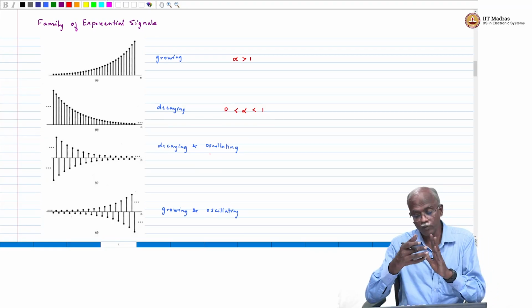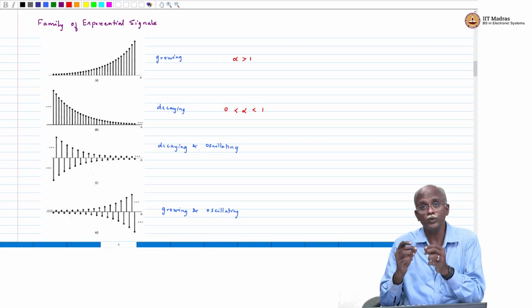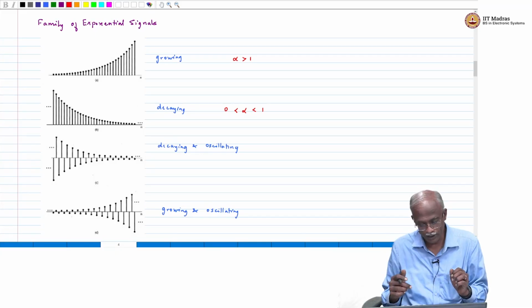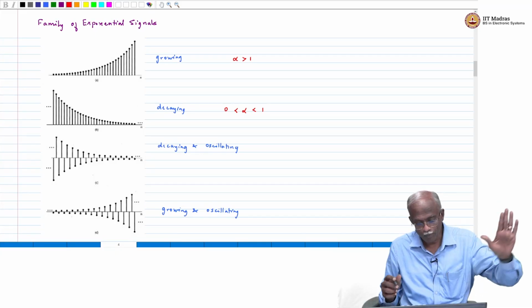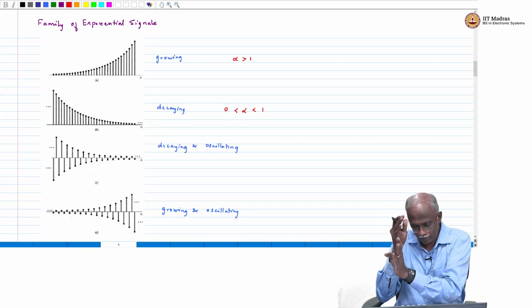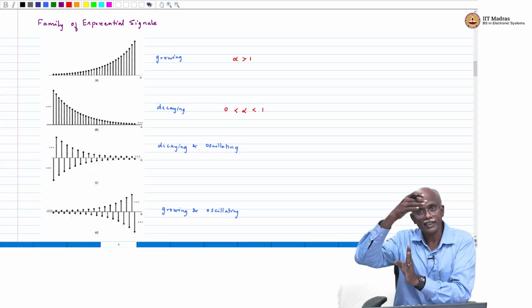Oscillating exponentials come when alpha is negative. So if you have a value of alpha that is negative, then you will see that there will be an oscillation. Depending upon what the value of alpha is, if alpha is between 0 and -1, you will get an oscillating exponential that is decaying.